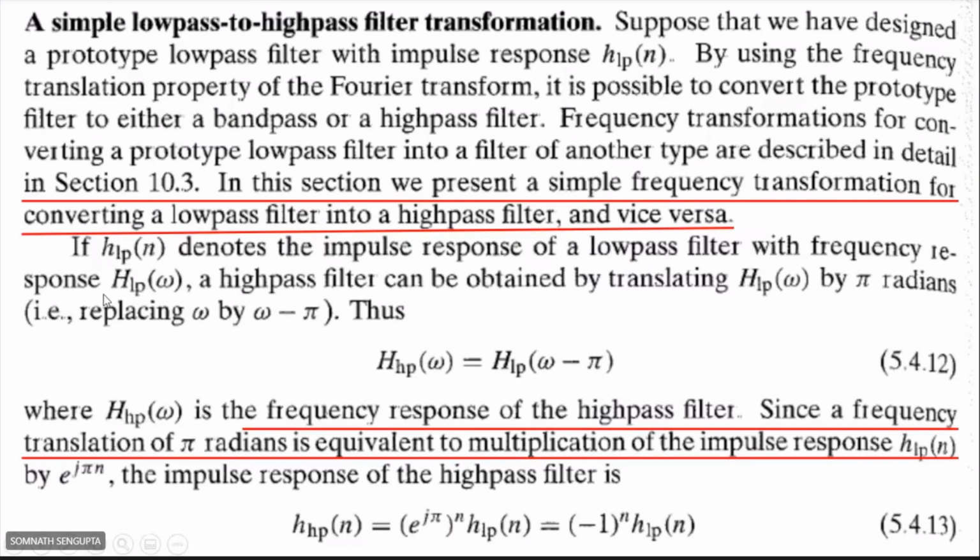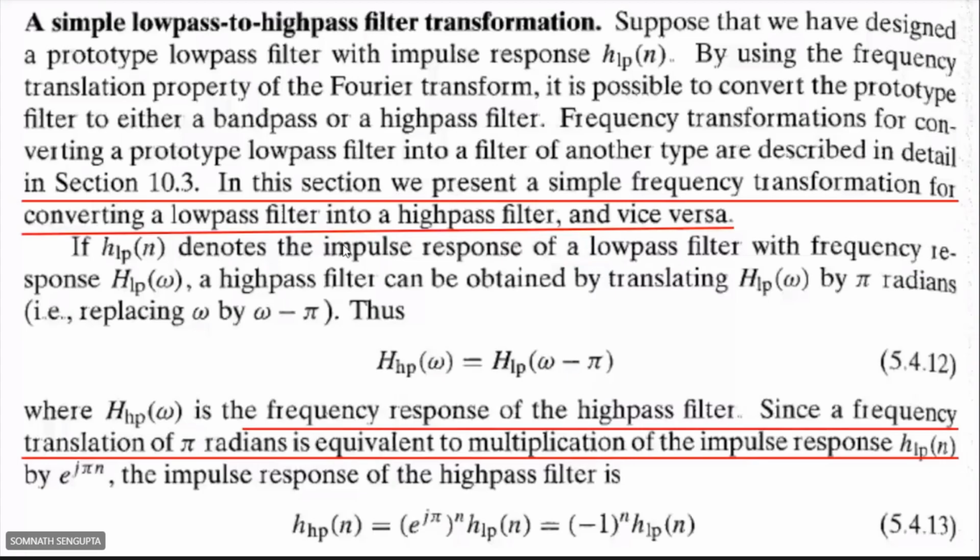So that characterizes the low pass filter frequency response. Generally it is H of Z, but in place of Z, actually it is e to the power j omega. So we don't write e to the power j omega, we simply write H of omega.